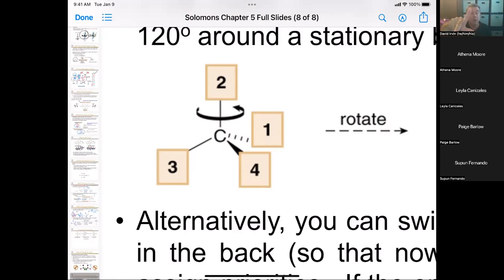Can I do R and S yet? No, I have to be looking down the lowest priority. So I need to rotate that around to look at me. And if I rotate that around and I'm looking down my lowest priority, we had 1, 2, 3, and that is going in a clockwise fashion. So that is R. That's one way to do it.